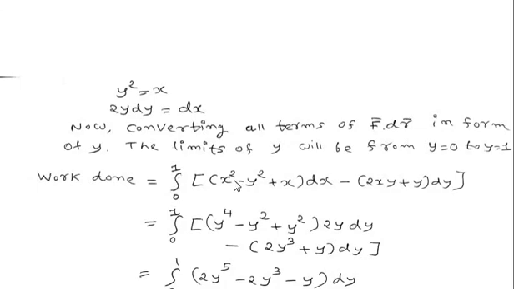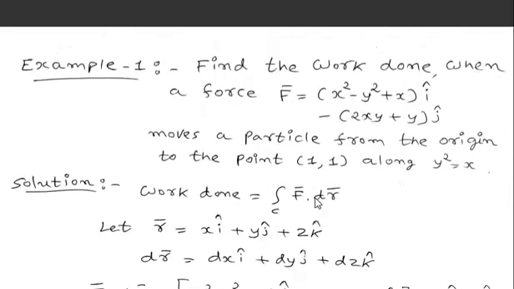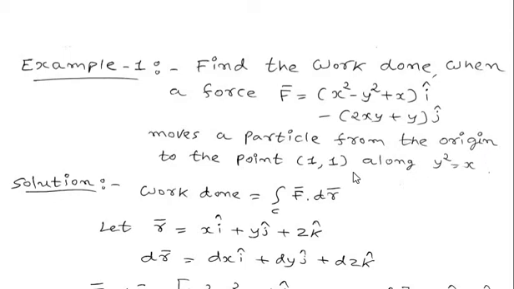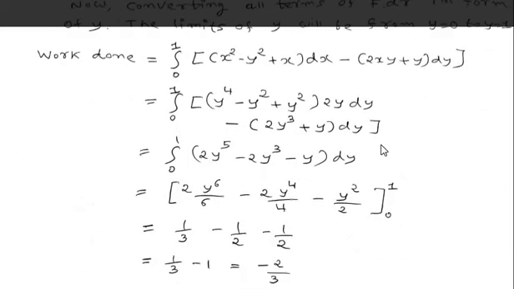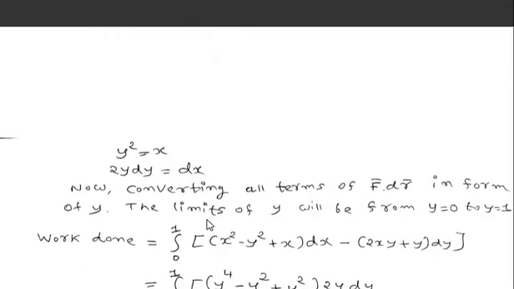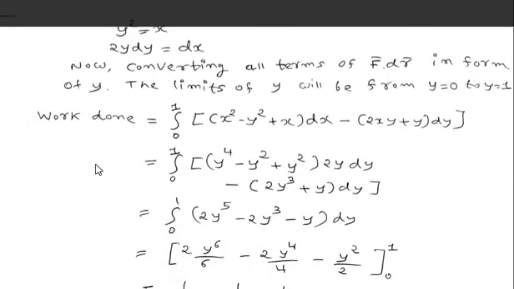So we have to consider the limit of y, as the path is y square equals x, from the origin (0, 0) to (1, 1). So the limit of y will vary from 0 to 1.